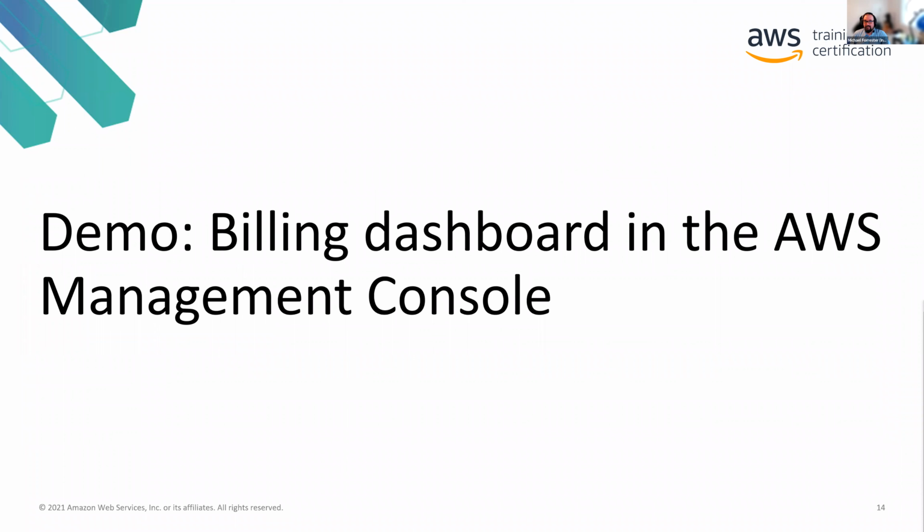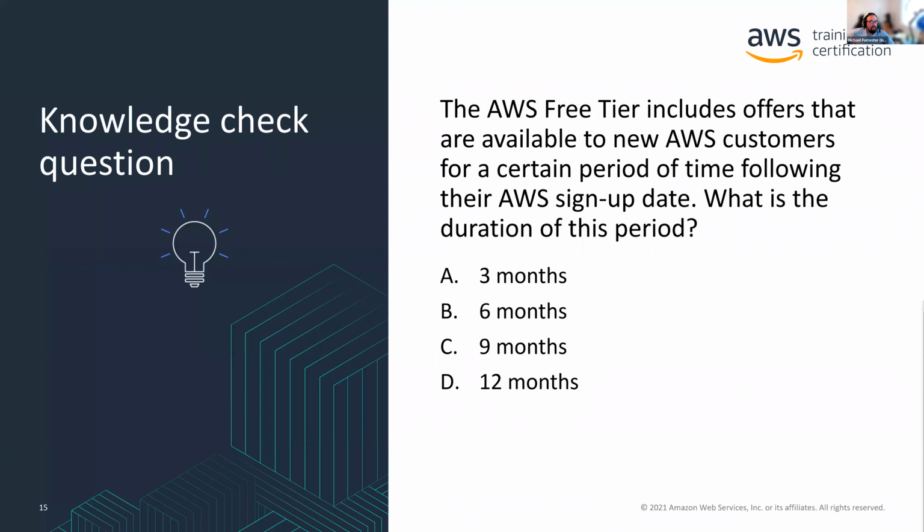Look at that timing. All right, let's do a quick knowledge check. The AWS free tier is going to offer some services for free to customers for a certain time period. What is that time period?